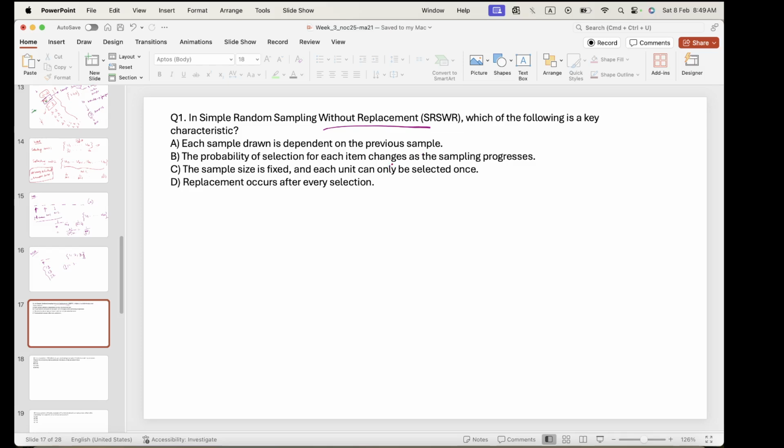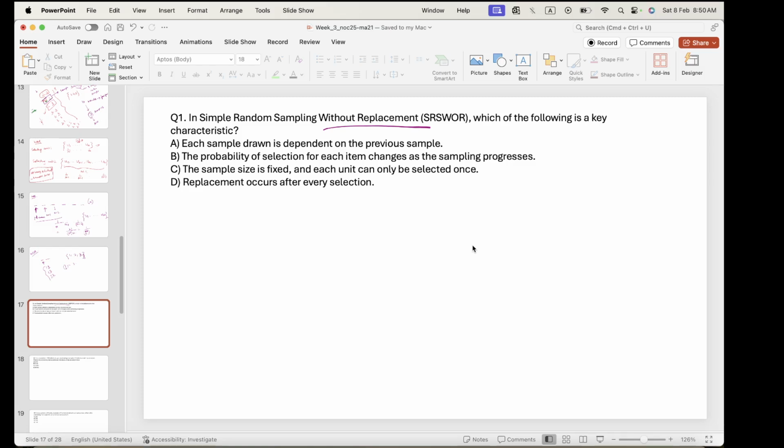Without replacement, each sample drawn is dependent on the previous sample. The probability of selection of each item changes as the sampling progresses.